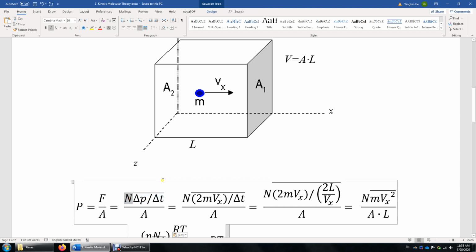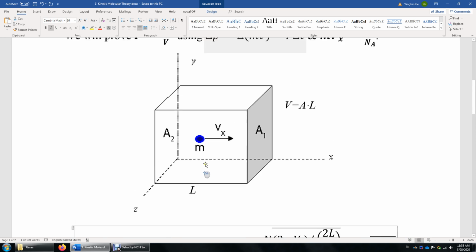And then we want to know what's the average force each particle exerts on this gray area A1. Well, very simple. It's just the average of the momentum change divided by the time period. Again, this is simply from Newton's law.